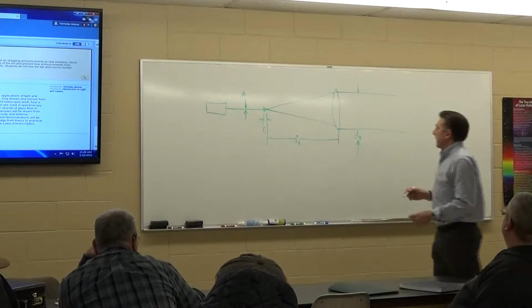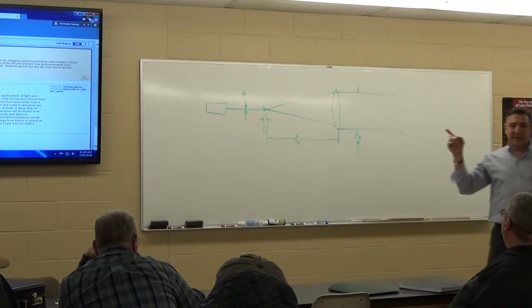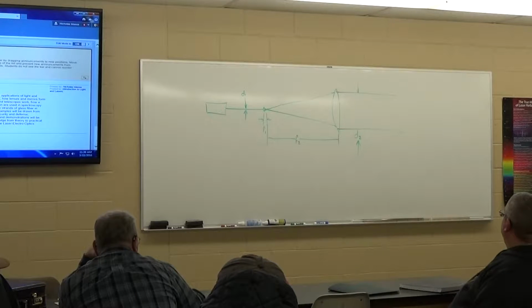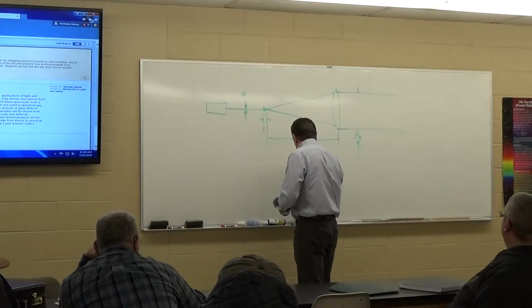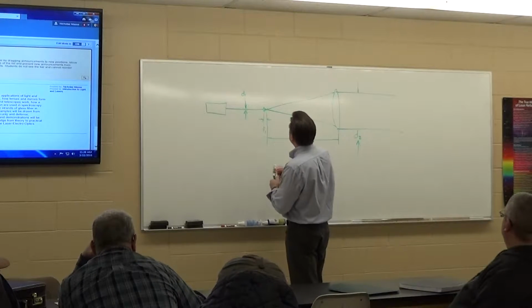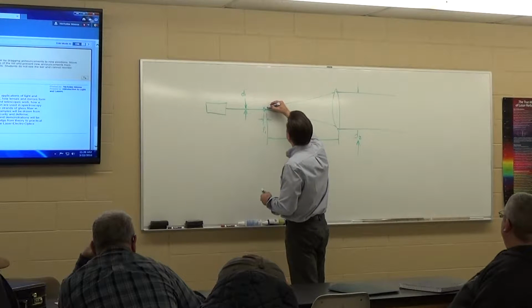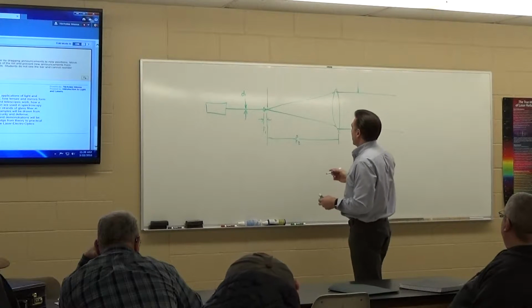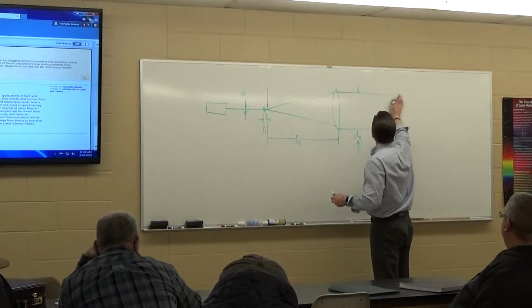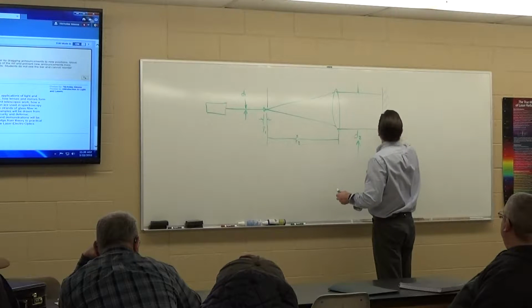So if you were setting it up like I did in the lab there, where you don't have any reference point, all you really need is an index card, like I showed. What I was doing in that video is I put an index card just off axis, right at this focal point, and then I took a mirror and put it over here.